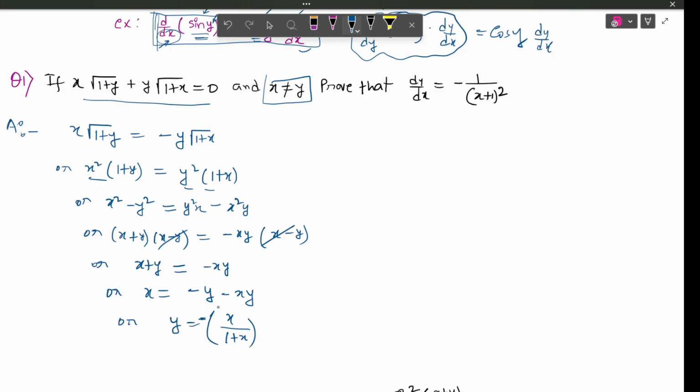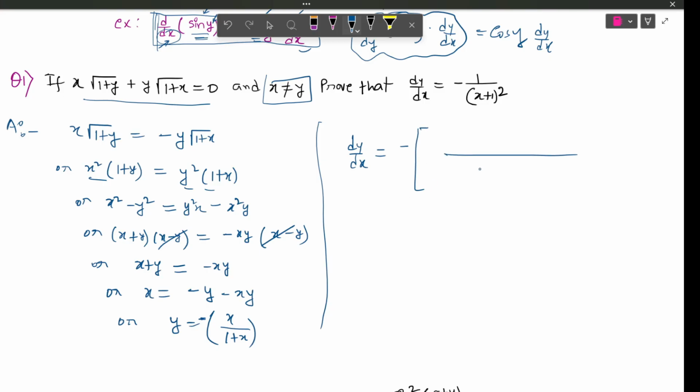Here we have separated the form. Now we can differentiate. dy by dx equals minus, we can apply the u by v rule here.